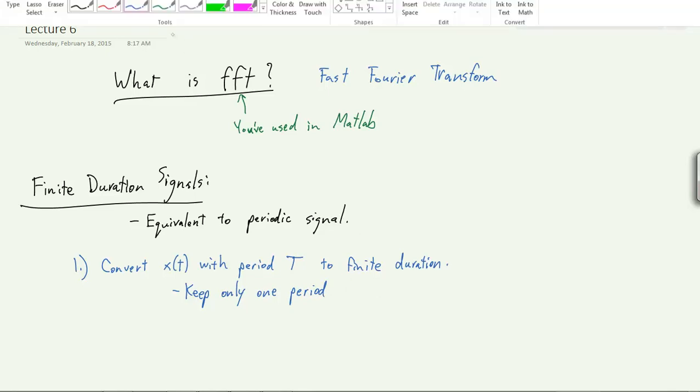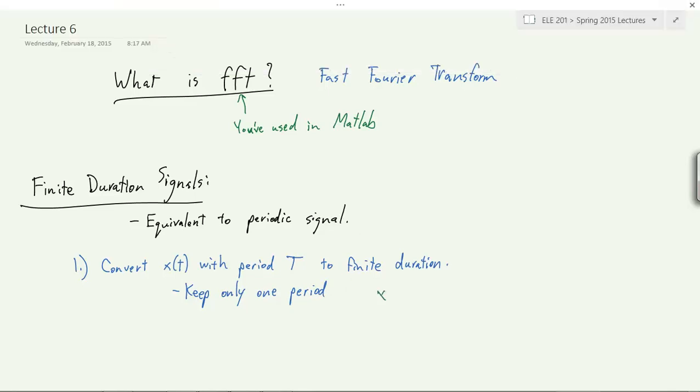In other words, we'll have x bar be our finite duration signal, and that's just the same thing as x of t, but for t in only the first period, like that.